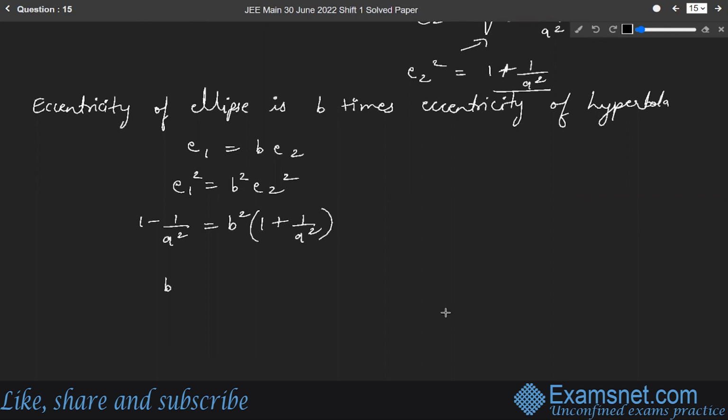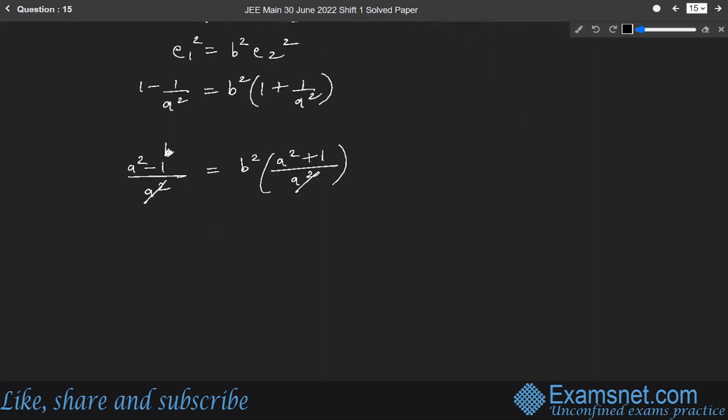But first let us take the LCM on both the sides. So if we take the LCM on the left hand side, LCM will be a square and the numerator will be a square minus 1, is equal to b square into, again taking the LCM, LCM will be a square. So it will be a square plus 1, right? This a square and a square will be cancelled. So we have a square minus 1 is equal to b square into a square plus 1.